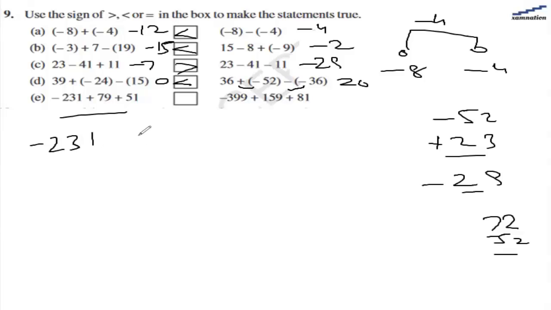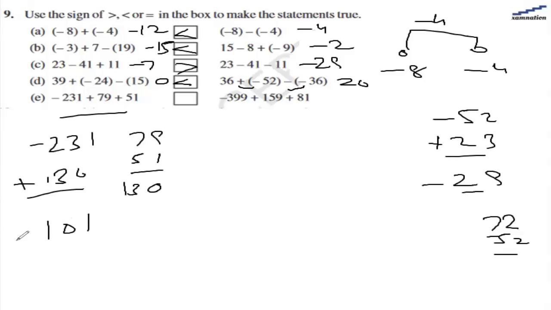So let's add up 1751 first, these positive numbers. So we get 130. We have minus of 231 and positive of 130, right? So these numbers will subtract, and the answer will be minus 101.